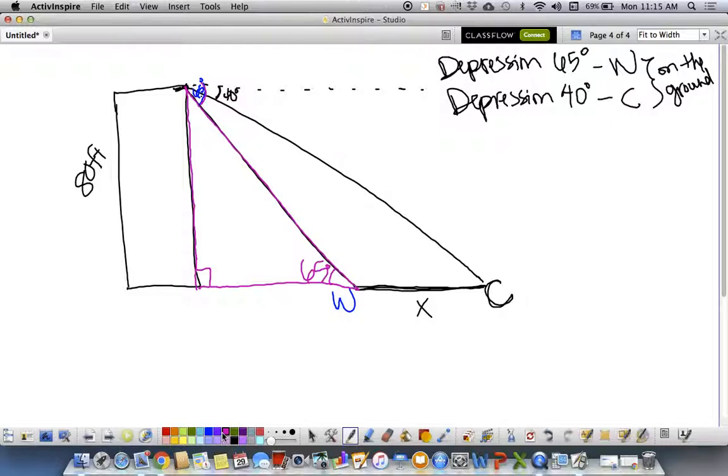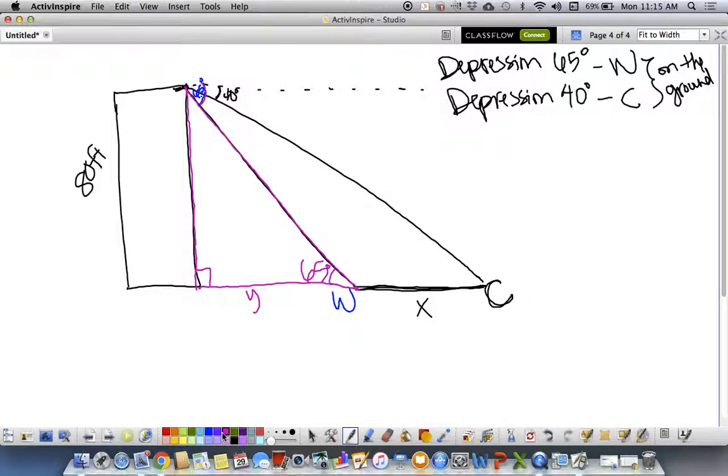What are you looking for? That's the building to W. From the building to W, I'm going to put a Y here. What trig function are you going to use? Jacob, what trig function are you going to use?